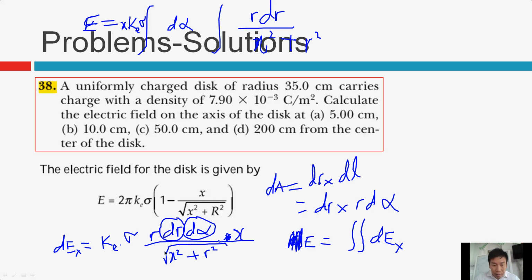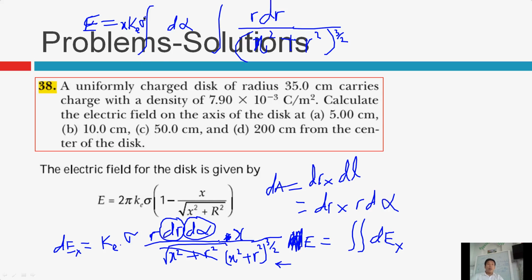Please remember, students, this needs to be s squared plus R squared to the power 3/2. This is my mistake when I rewrote from the whiteboard to here.